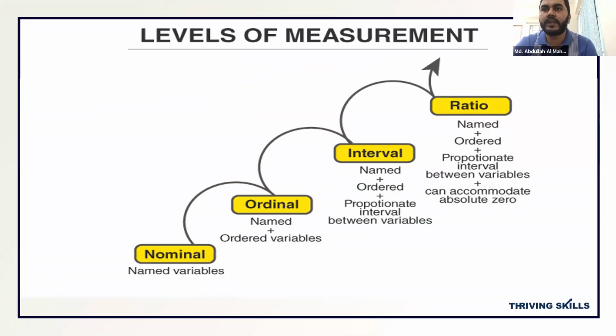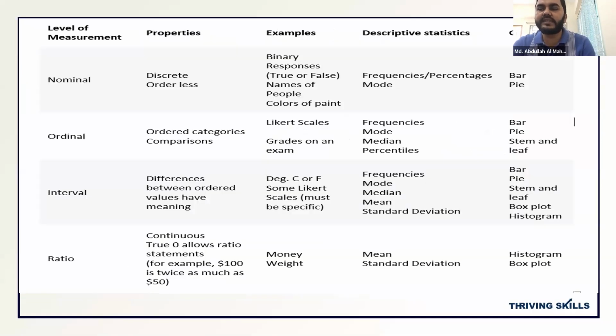If we talk about A plus, A, then B plus, these are grades based on some intervals. And we have ratio, that is named plus order, then proportionate interval, and then you can, of course, accommodate the absolute zero here. I'm explaining these four levels of measurement through some examples.